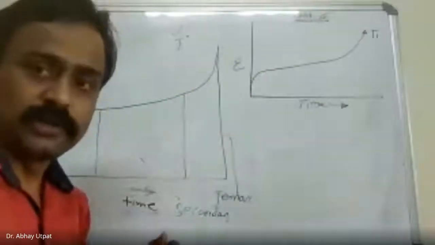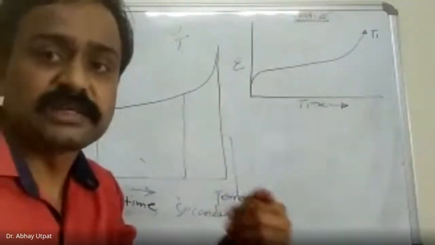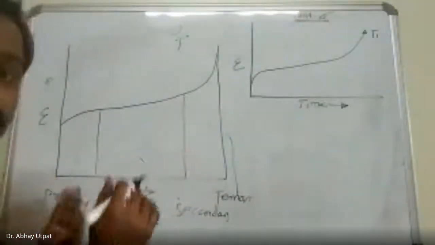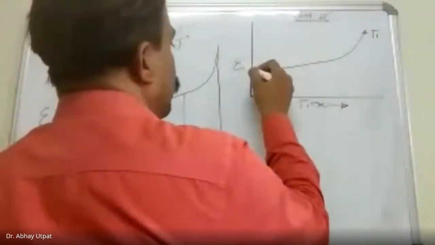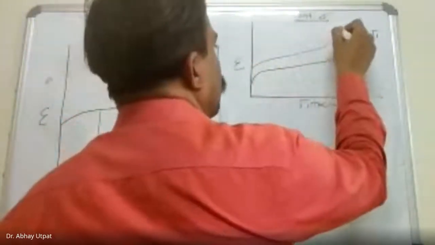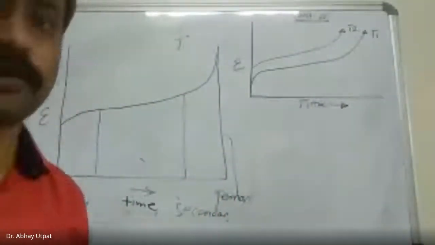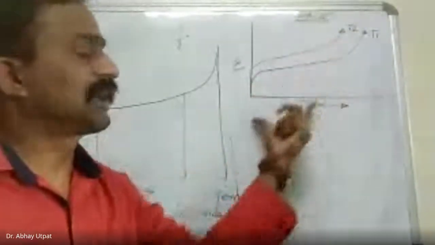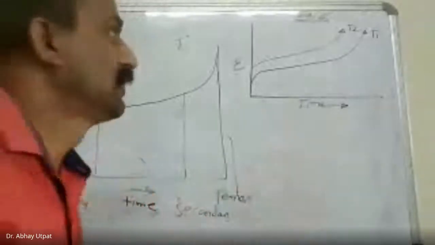Now what I am doing is keeping the stress constant but increasing the temperature, and showing how failure takes place earlier. See here, T2. What is the meaning of it? Temperature T2 is more than T1. Then strength decreases, and failure will be at a shorter period.